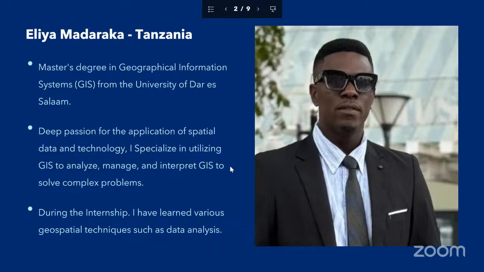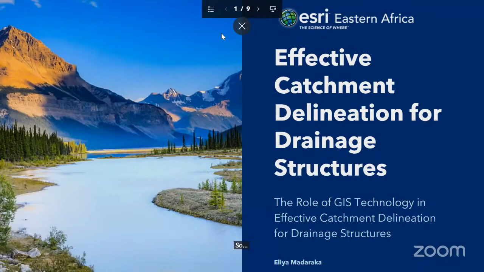During the internship, I have learned various geospatial techniques such as data analysis. So let me go back to the project that was given to me. My project is effective catchment delineation for drainage structures.